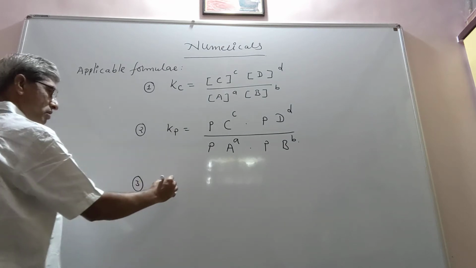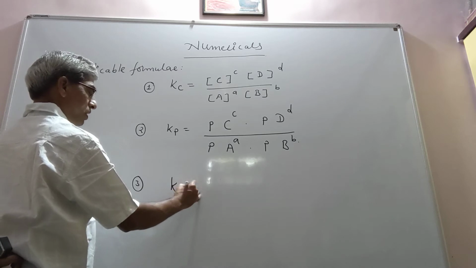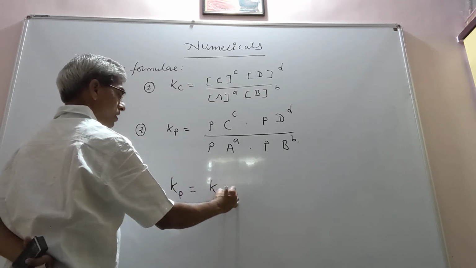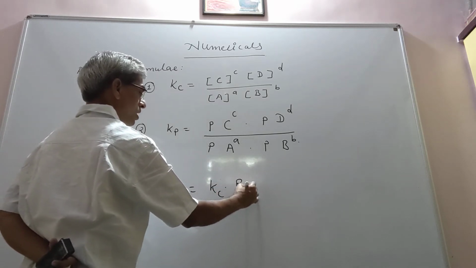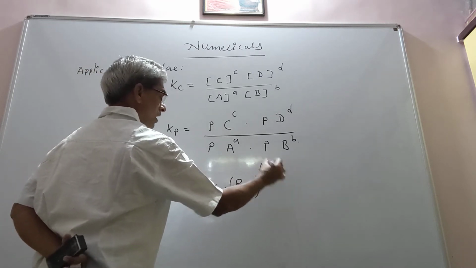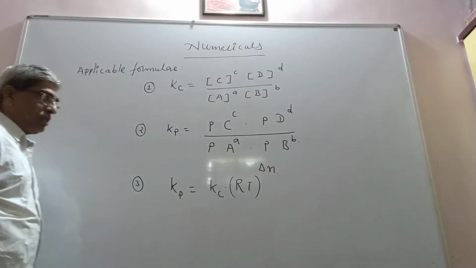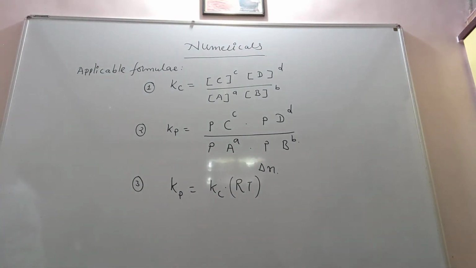Applicable formula number 3, Kp equal to Kc into RT whole raised to delta N, where delta N is the change in number of gaseous moles.